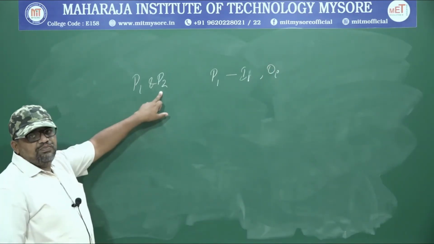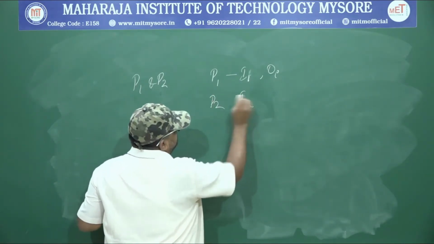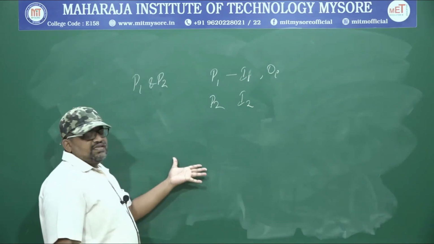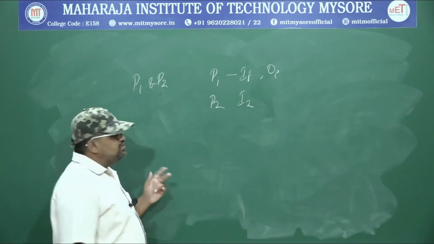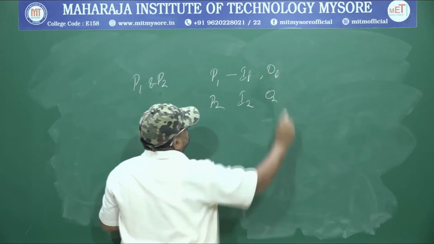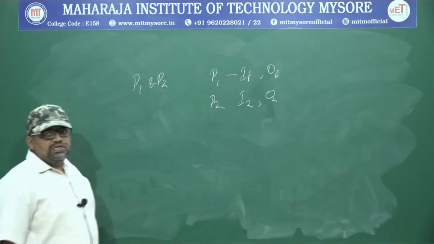Similarly, the other process P2 has a set of inputs I2, and it has generated a set of outputs. It could be one single output or a set of outputs. It's going to be O2.